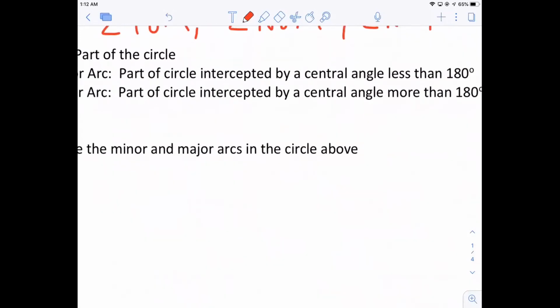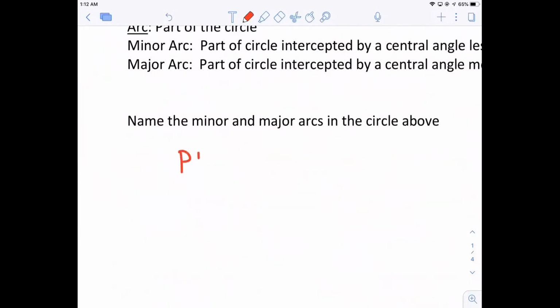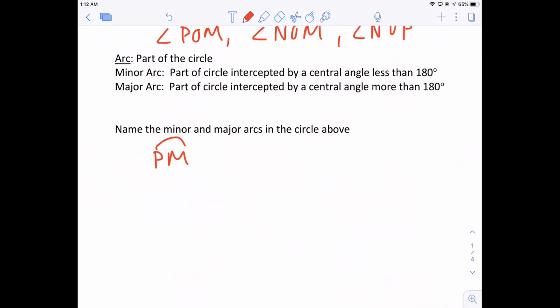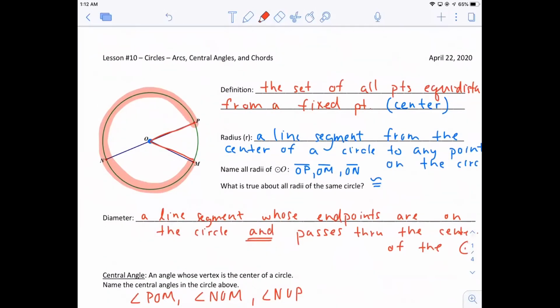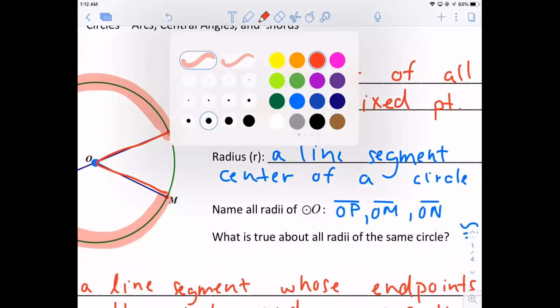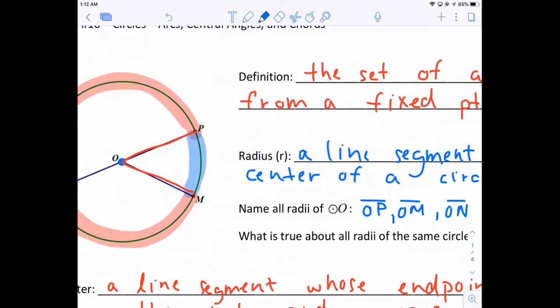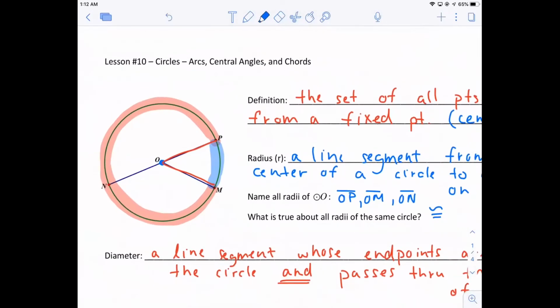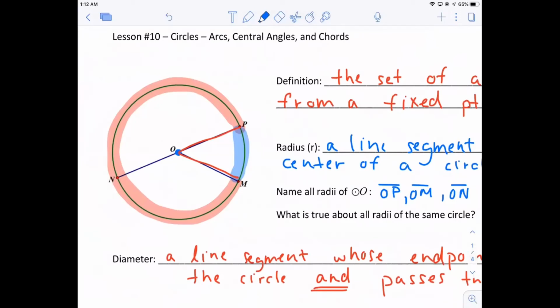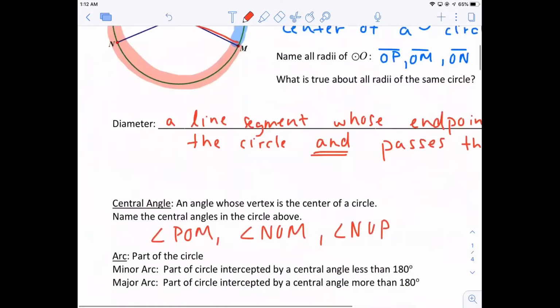So one arc I have is PM, and PM would be referring to that arc. So how would we name this arc, the major one? If we're naming a major arc, we're going to have to use 3 letters to show what direction we're going. So that is going to be P, N, M. That's going to be arc PNM.